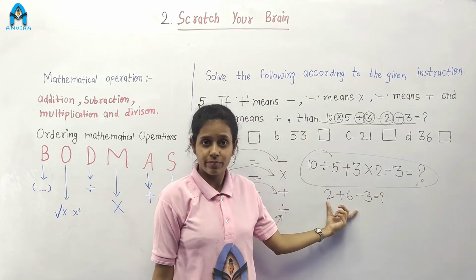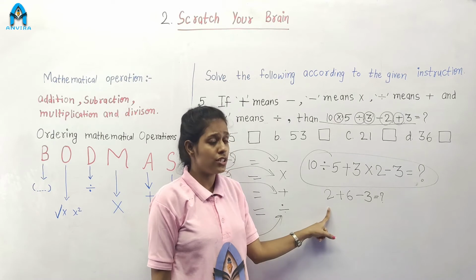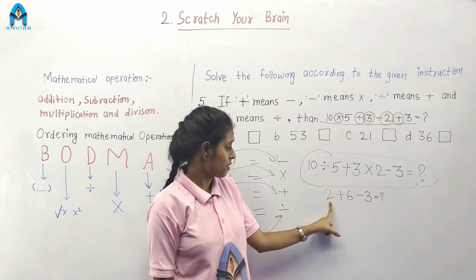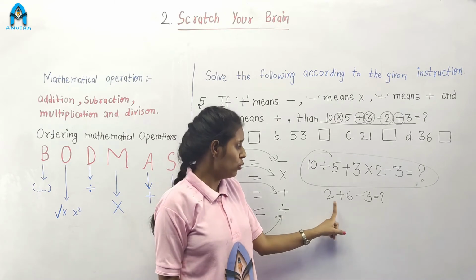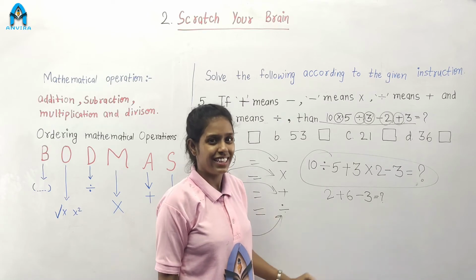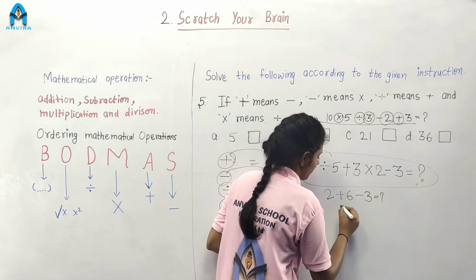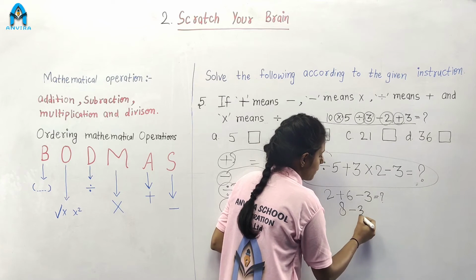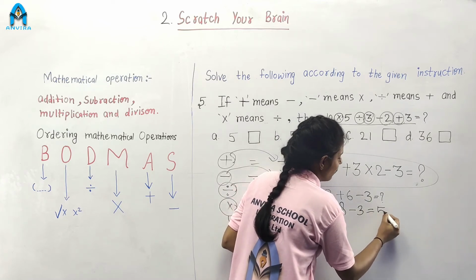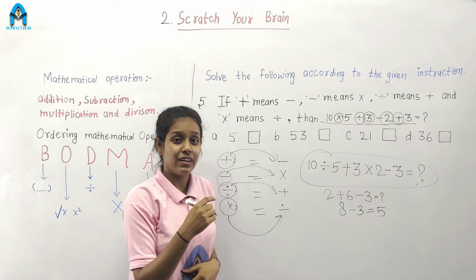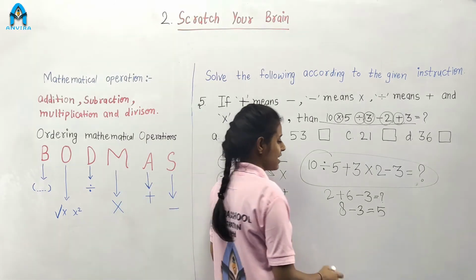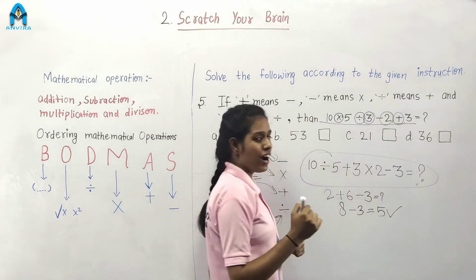Which operation will we solve first? Addition. 2 plus 6 is 8. 8 minus 3 is equal to 5. Our correct answer is number 5.